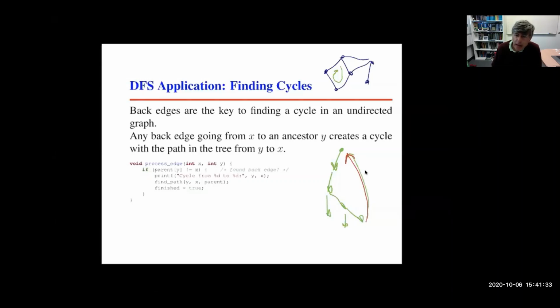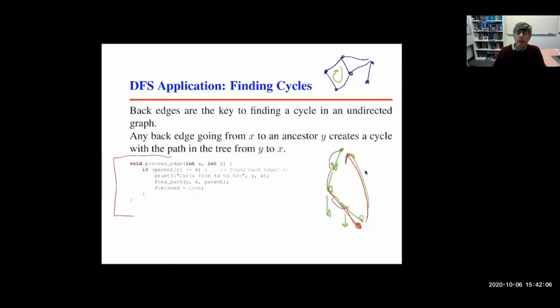The moment I have a back edge, do I know that I have a cycle? The answer is yes. I've got a path, a tree, that got me to this point. If the edge goes back to the ancestor, the path from me in the tree to my ancestor, plus this new edge, has to be a cycle. So basically, what do I do if I want to find a cycle in a graph?